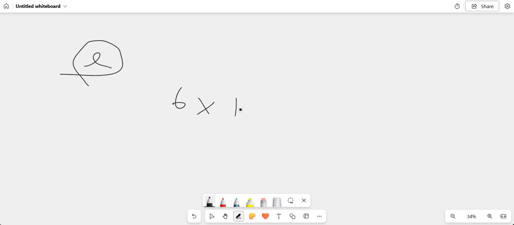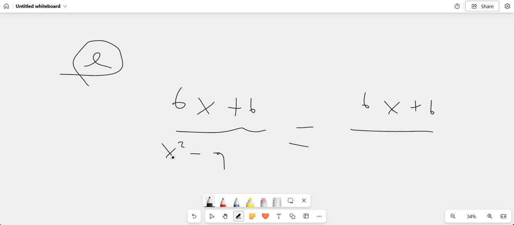He's done using the fast method again, yeah? So we've got 6x plus 6 over x squared minus 9 here. On the bottom we just have a difference of two squares situation. We should be able to clock that by now. So x squared minus 9: square root of x squared is x, square root of 9 is 3, so x plus 3, x minus 3.